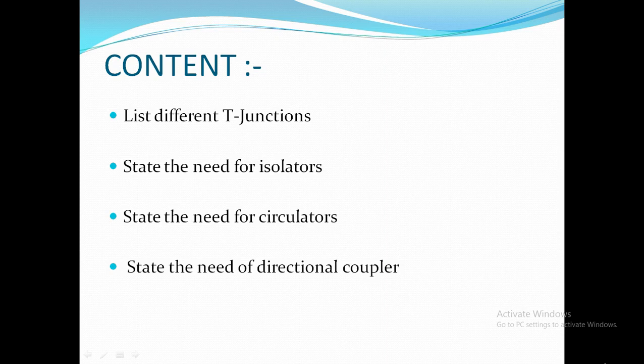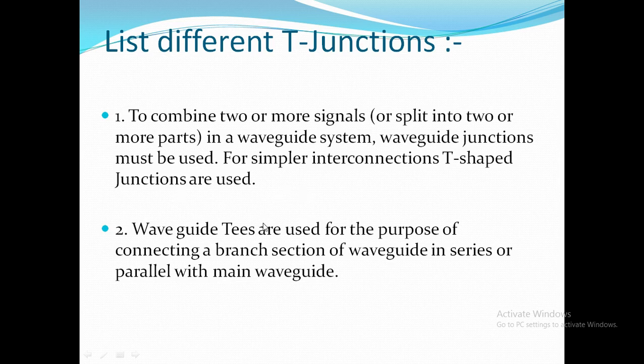The function of a T-junction is to combine two or more signals or split into two or more signals in a waveguide system. Waveguide junctions must be used for simpler interconnection, so T-shaped junctions are used.